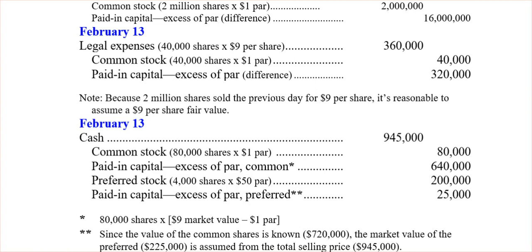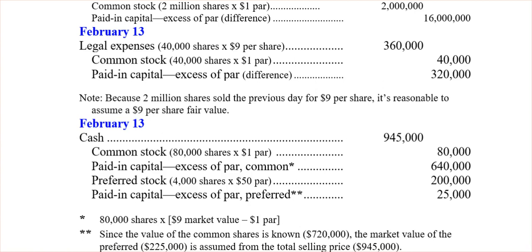I would suggest there are a number of steps involved. If you know the value of one equity but you don't know the other, and they are combined in a single transaction, it's appropriate to subtract the value of the one you know. If you didn't know either one of these, then you would look at your best estimation of fair value for each one of them, and you would allocate similarly to the way that you do it when you have a plant and equipment or a land and a building problem and they're sold in a bundle.